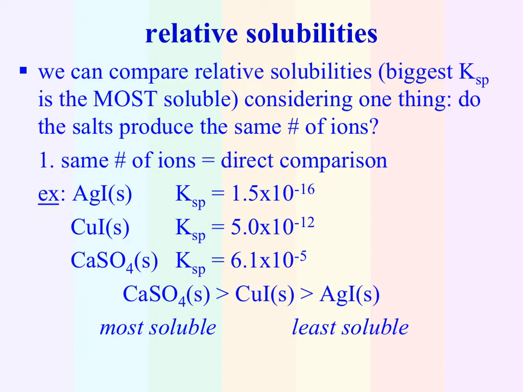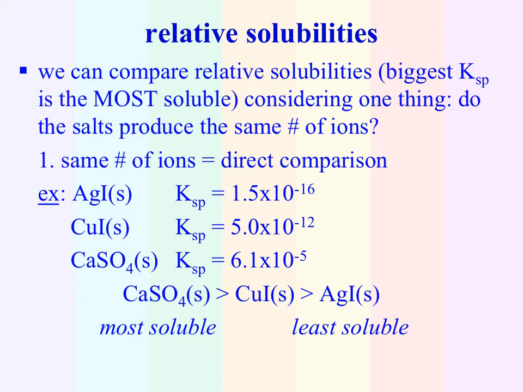Okay, so if we look at an example where we have 3 salts that all put the same number of ions into solution: silver iodide forms 2 ions in solution, copper 1 iodide, 2 ions in solution, and calcium sulfate also puts 2 ions into solution. So since they put the same number of total ions in solution, we can compare these Ksp values.